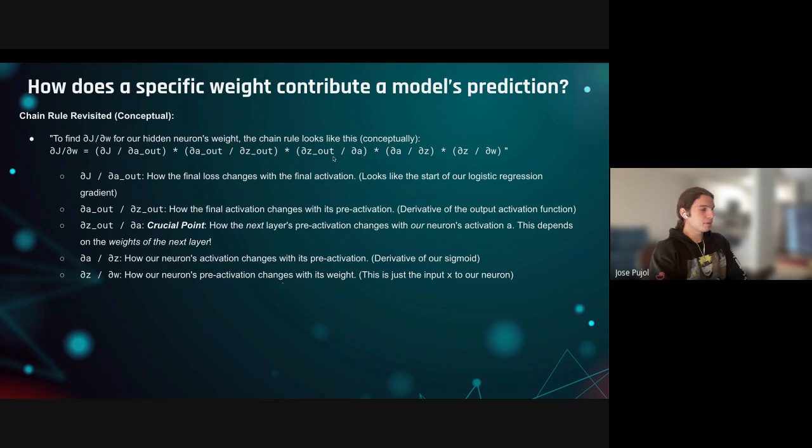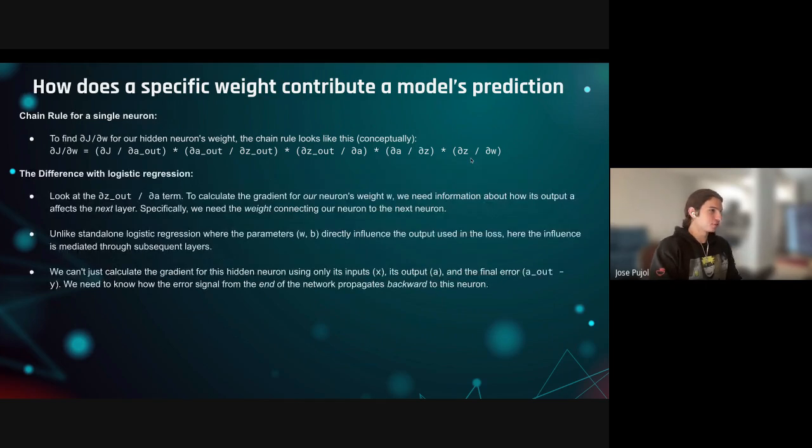So how did my pre-activation of the output layer change with the activation of the previous neuron? Yeah, but the activation of my previous neuron depended on its pre-activation. So how does that change? And the pre-activation of that neuron depended on the weight. I know I just said a whole string of words, but does that make sense?